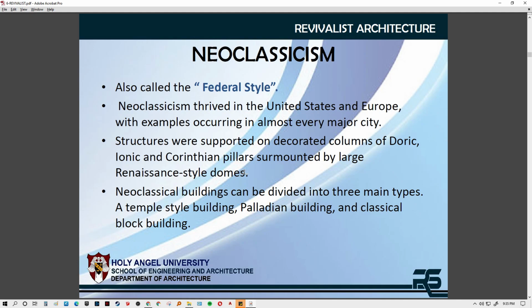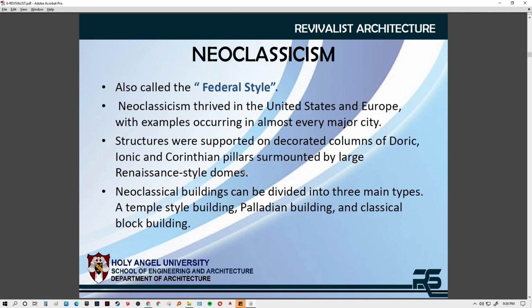Because the Renaissance almost adapted the Greek and Roman designs as well, the prominent design you will see in its structures is the array of columns, posts, or pilasters.